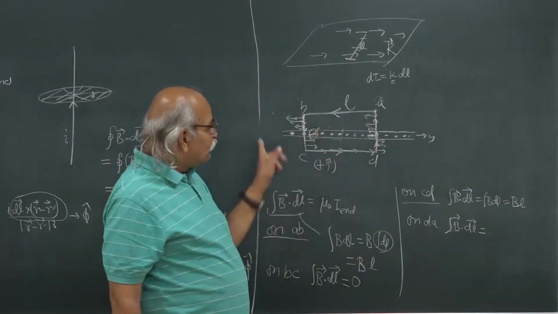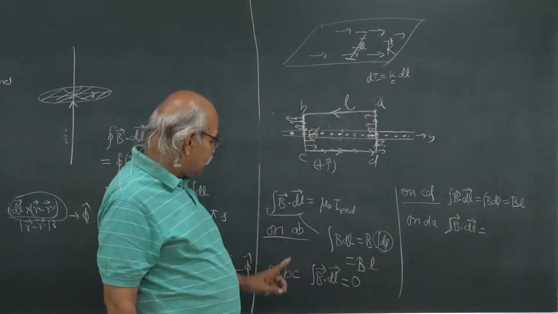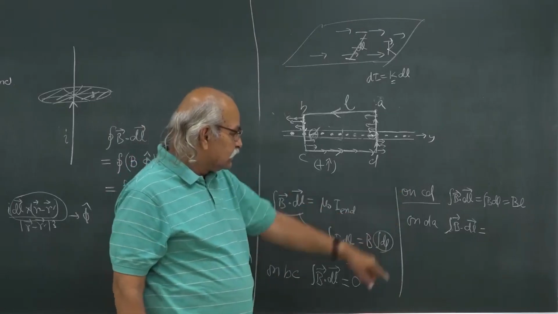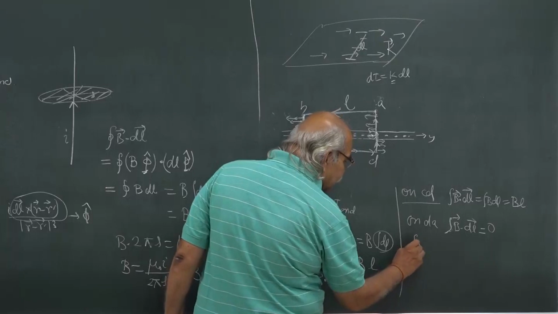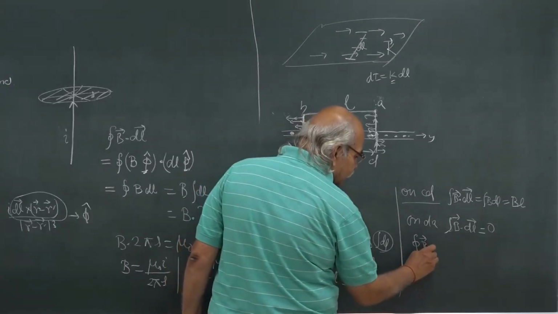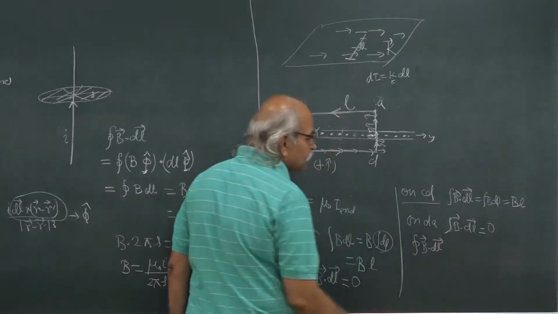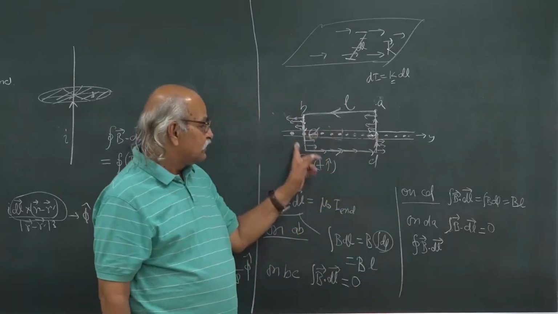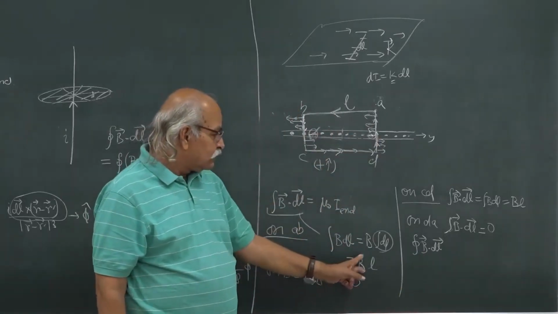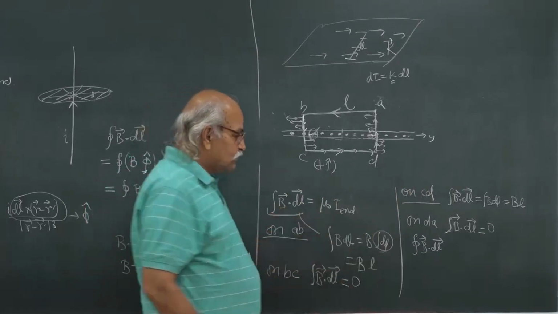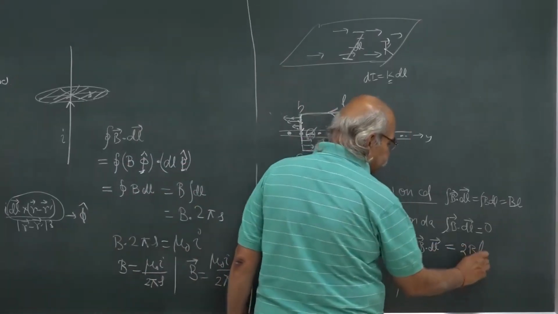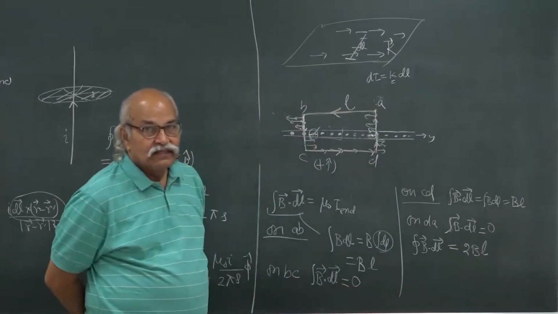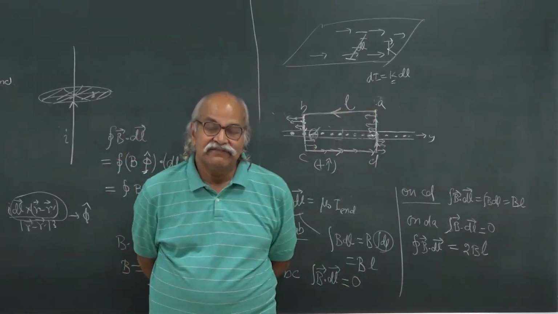Now, you add all four, AB, BC, CD, DA, and that will be integration B dot dl on this entire loop, and that is BL plus 0 plus BL plus 0, which is 2 times B into L. So, that is our left hand side.